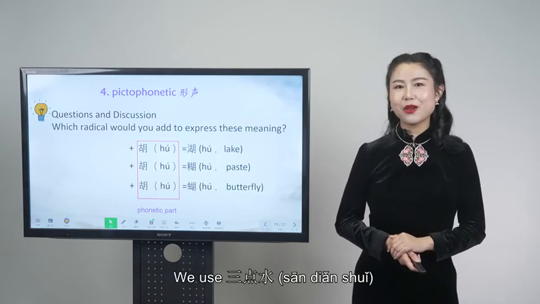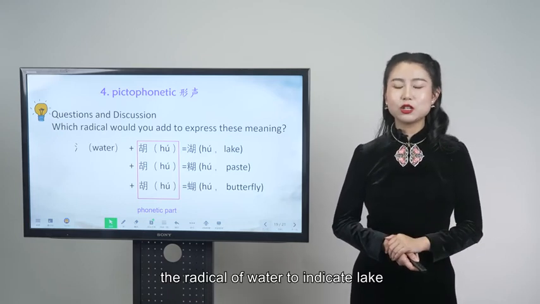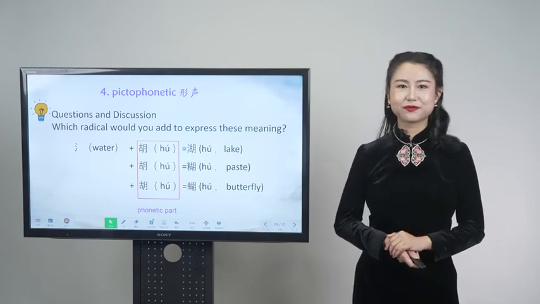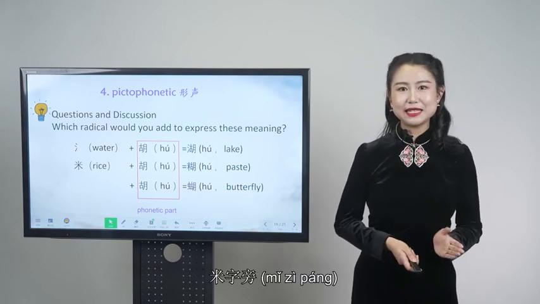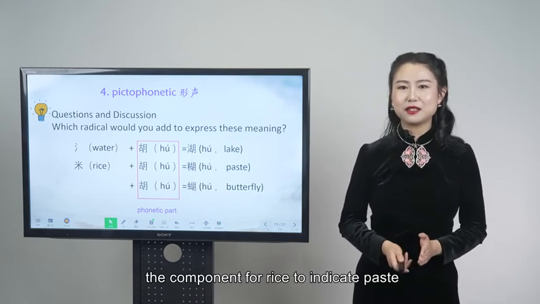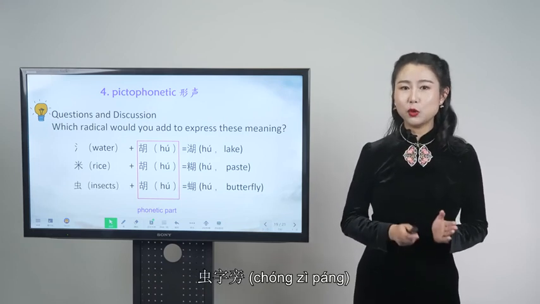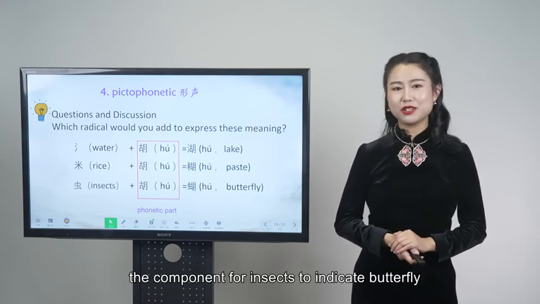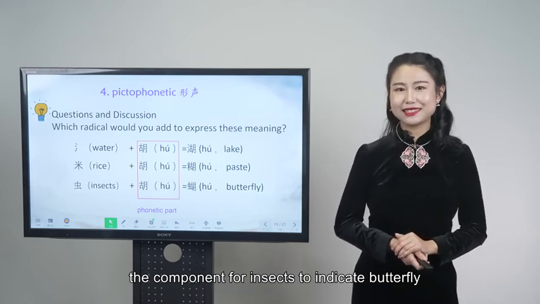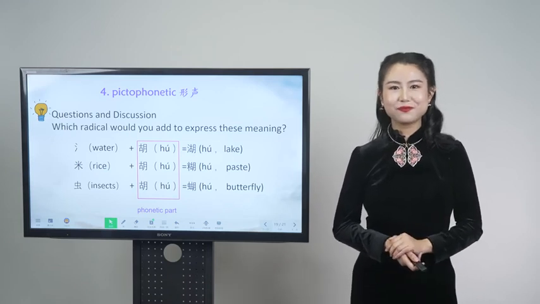Yes, we use 三点水, the radical of water, to indicate lake. 米字旁, the component for rice, to indicate paste. 虫字旁, the component for insects, to indicate butterfly. Are these the answers you thought of?